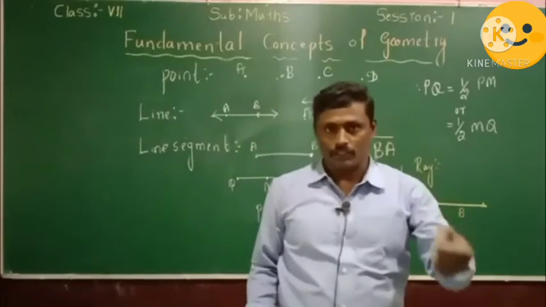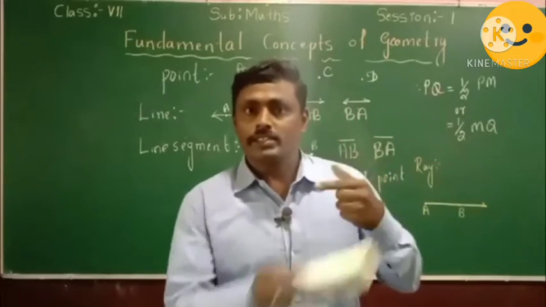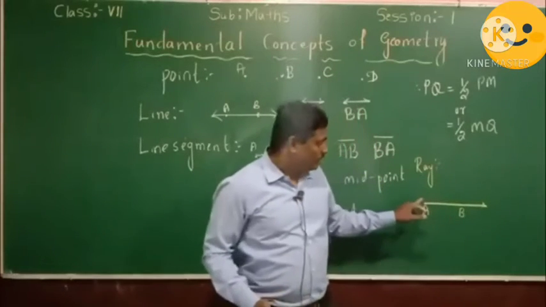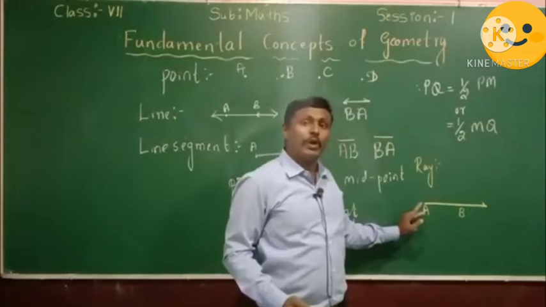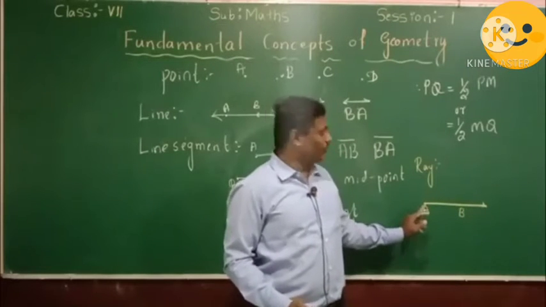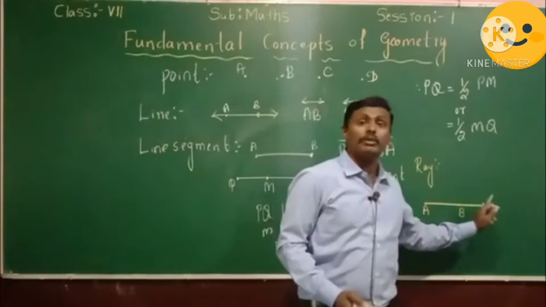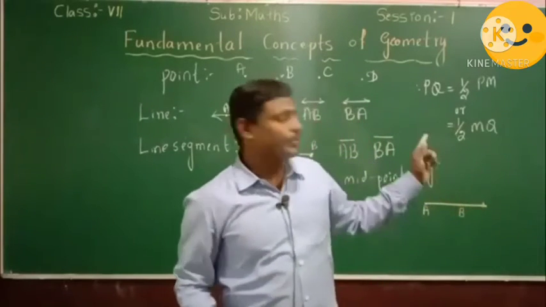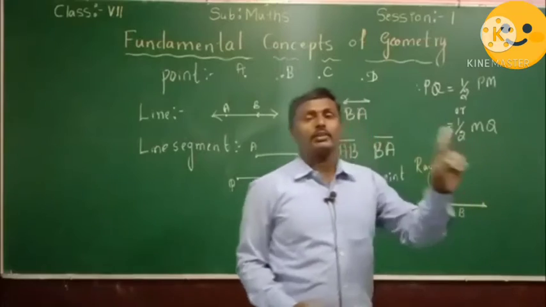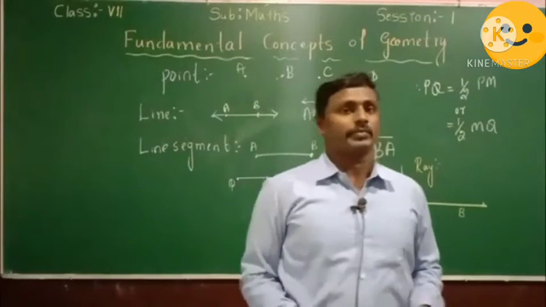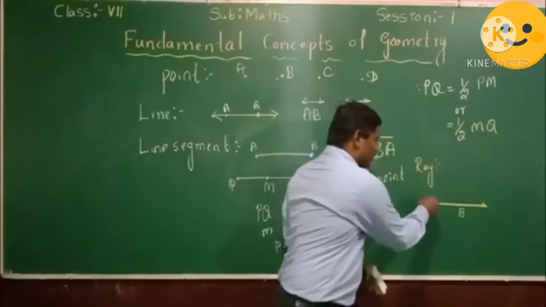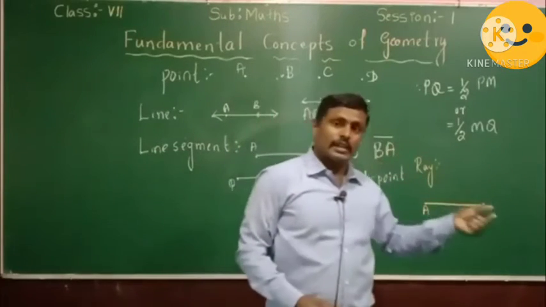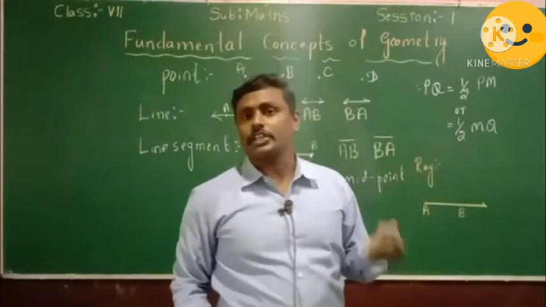Ray is a part of the line which can be extended in one particular direction only. Just observe this diagram. Here A is the starting point, or initial point. From this point the line travels in one particular direction. Clear?